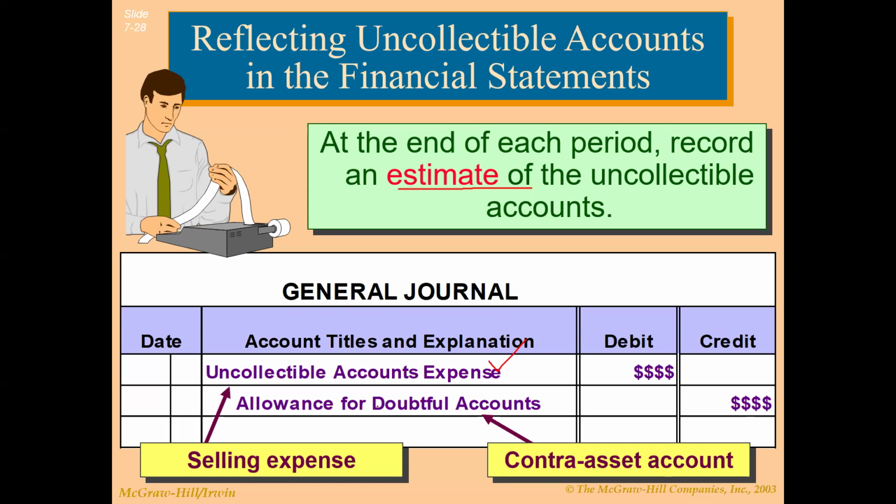So it is just like the accumulated depreciation account, which is called a contra asset account. The first account is part of the income statement, and the second account, the allowance for doubtful accounts, is part of the balance sheet. So whenever you are asked to make an entry of this adjustment after estimating, you will have to make this entry after estimation.